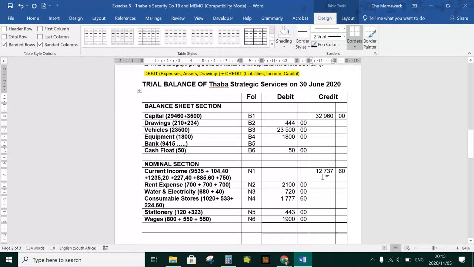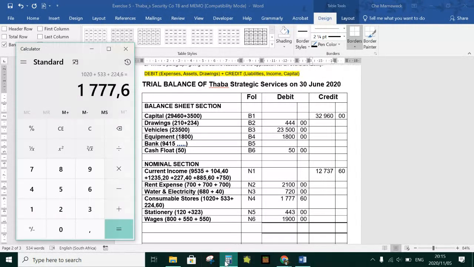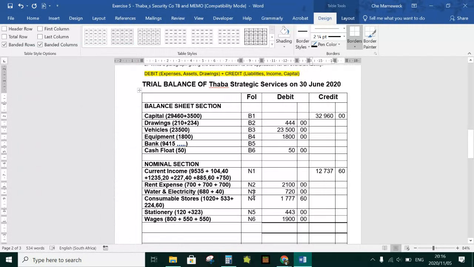So if I add the credit side together, 32960 plus 12,737, 60. You get 45697.60.